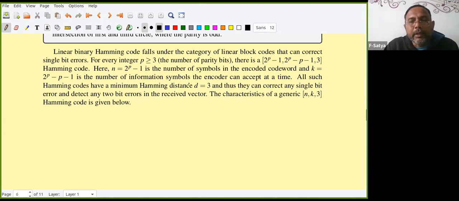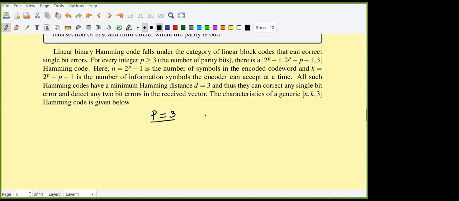For example, if I go to a binary code word, my p is equal to, let us say, 3. Then what is n? 7.